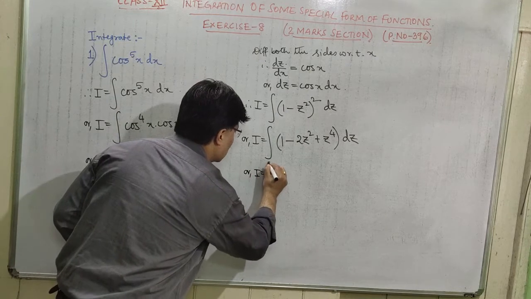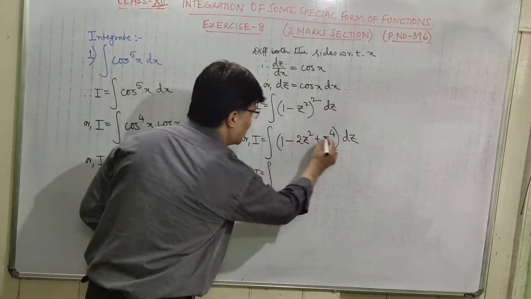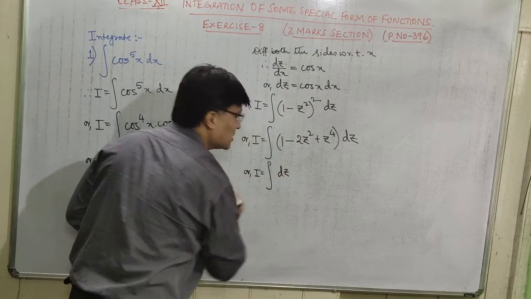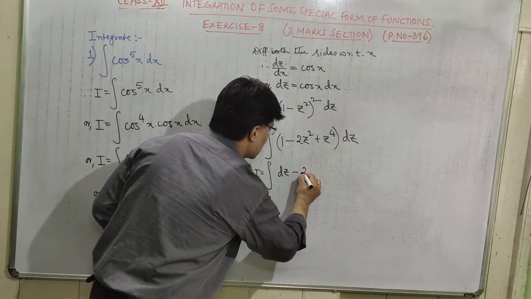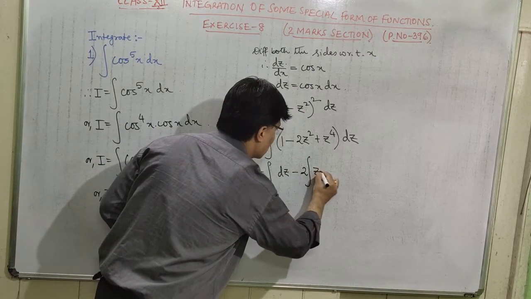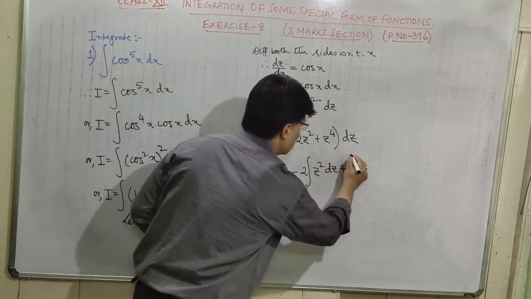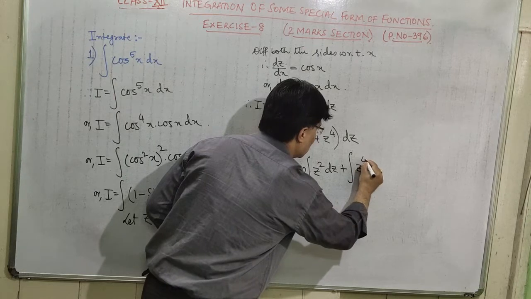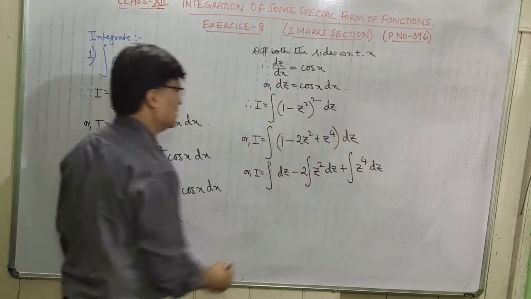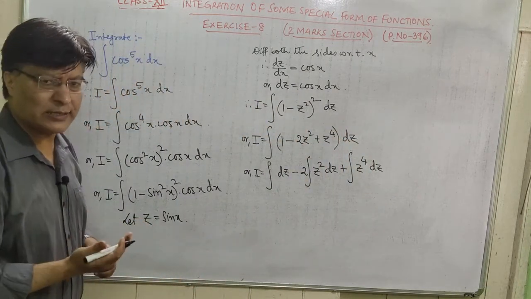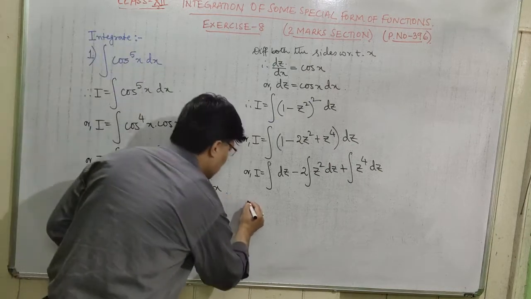I is equal to integration of 1 into dz, that is dz, minus 2 is constant taken outside, integration of z square dz, plus integration of z to the power 4 dz. Okay. So now we can easily integrate them, because you know the formula, isn't it?